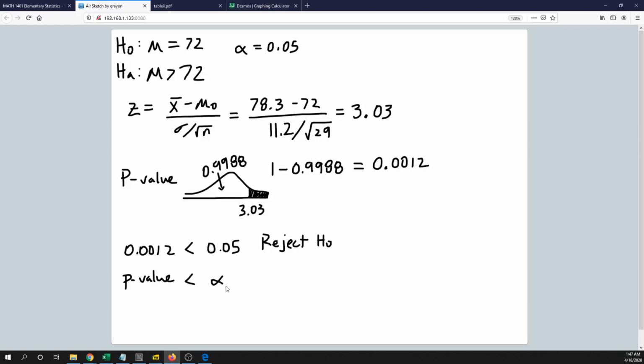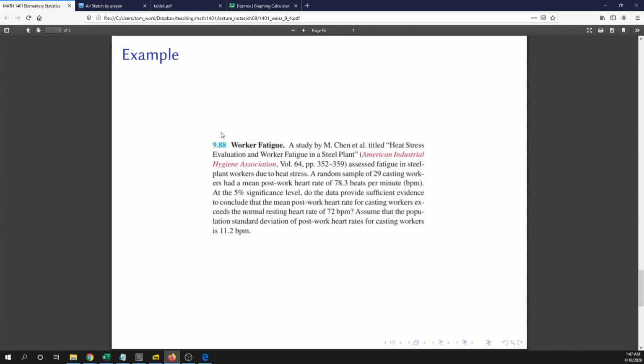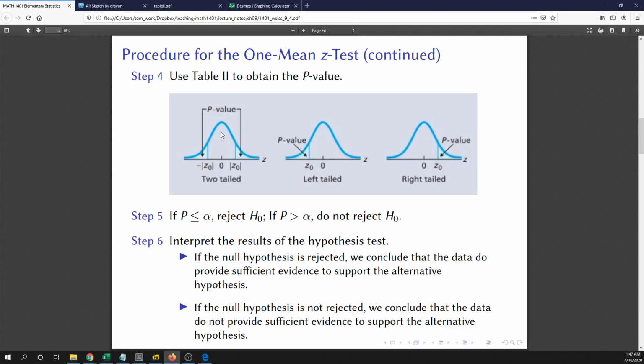All right, and then the final step is to state your conclusions, or interpret the results. So remember, that's going to be one of these statements, one way or the other. And in this case, we rejected the null hypothesis.